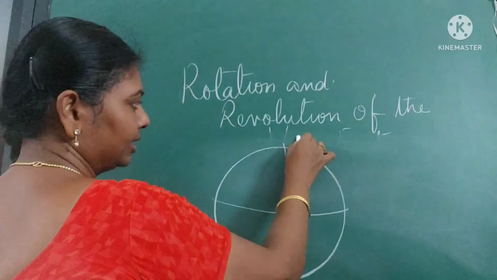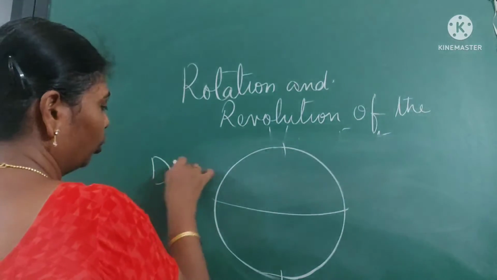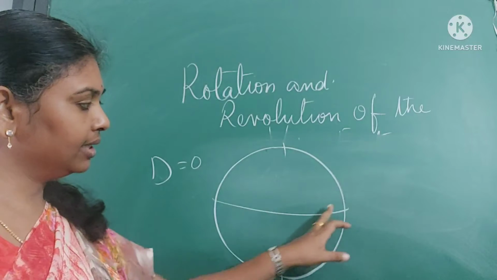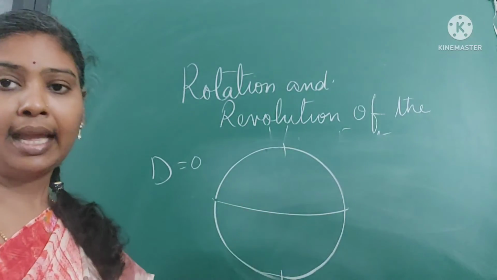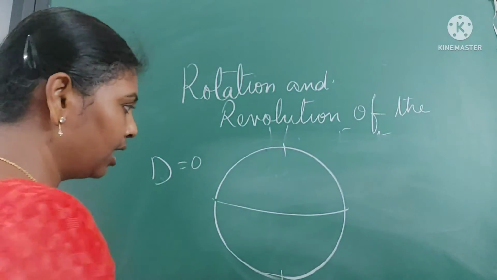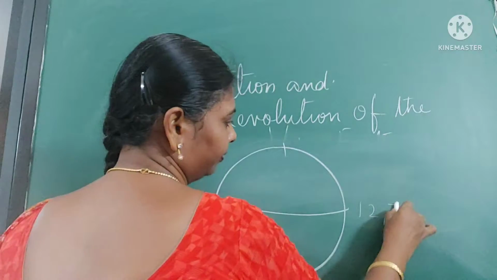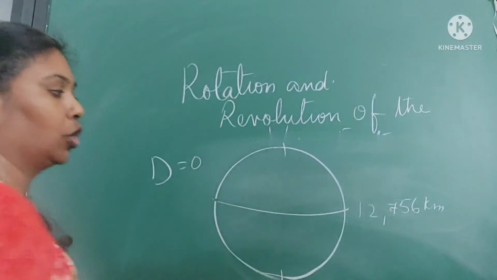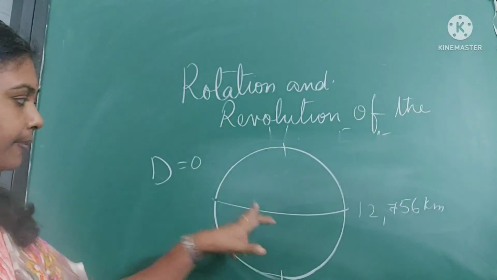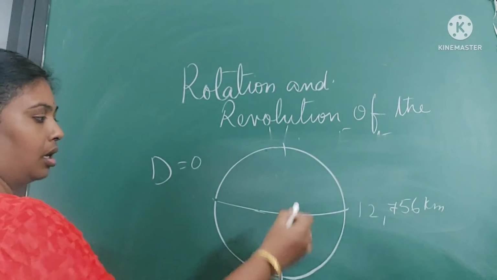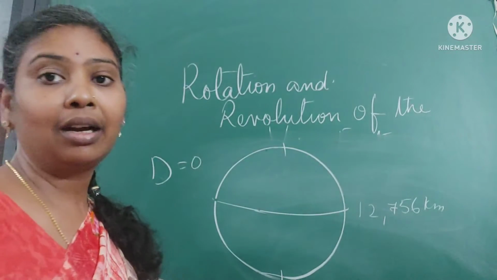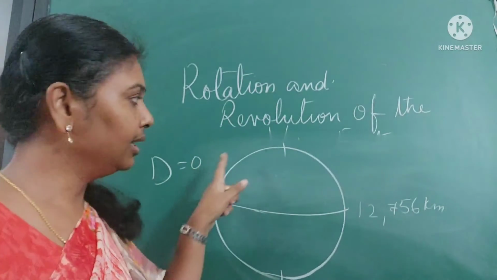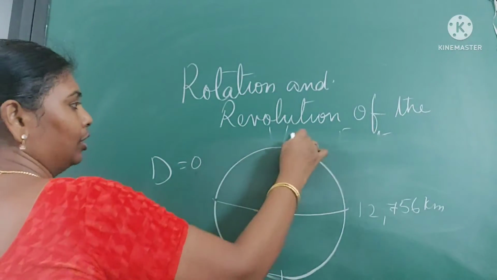So the distance at the pole is 0, whereas the distance at the equator is maximum, 12,756 kilometers. So this maximum distance covers a maximum speed because the distance at the poles is 0.